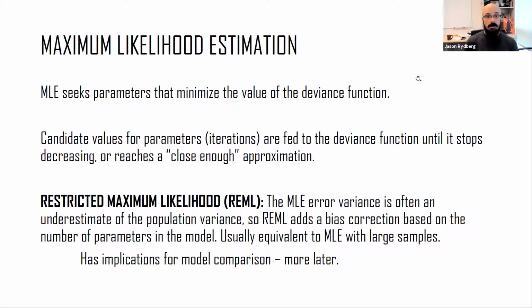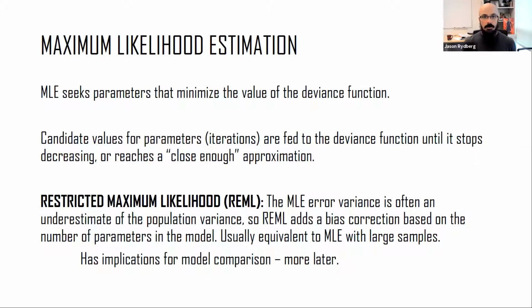So when we perform maximum likelihood estimation, it is searching for parameter values that will minimize the value of that deviance function. When it does that, we get that, given the model and the way we've specified it, these are the parameters that maximize the probability of the data.